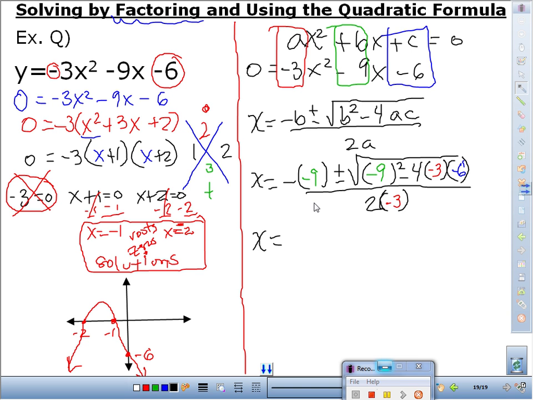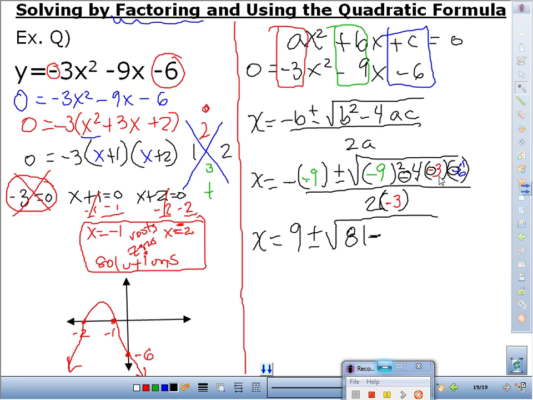So check this out. X equals, what is negative times a negative? So I get rid of the parentheses. I just write +9 plus minus. I'm going to leave the root. So what is square root of -9 squared? 81. Check this out. Negative times a negative is times a negative. That's a negative.